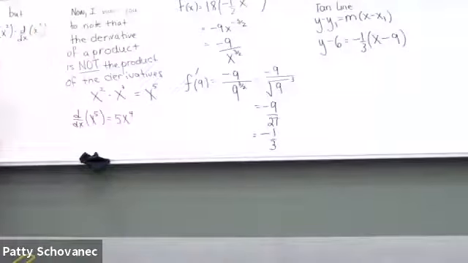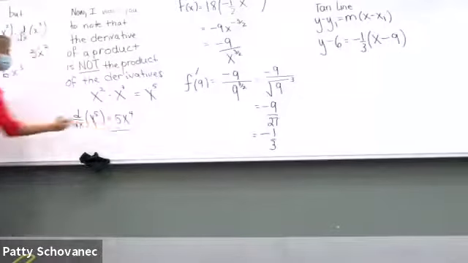The derivative of x squared is 2x. The derivative of x cubed is 3x squared. Multiply those together and we get 6x to the 3rd. So that doesn't do us a dang bit of good.